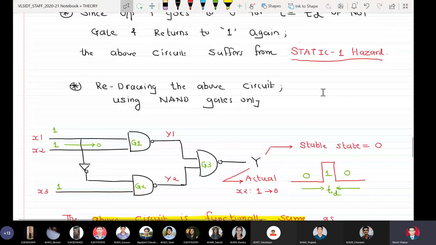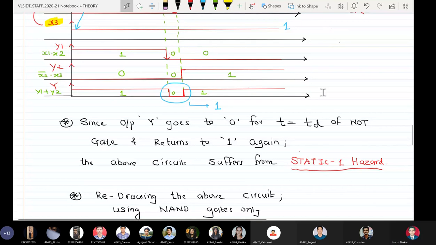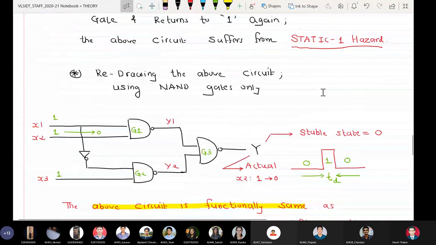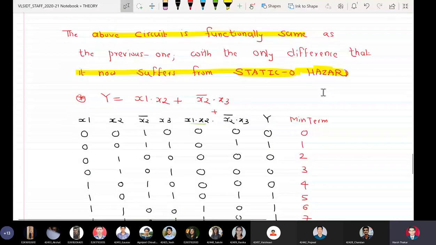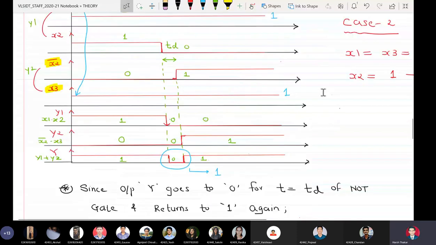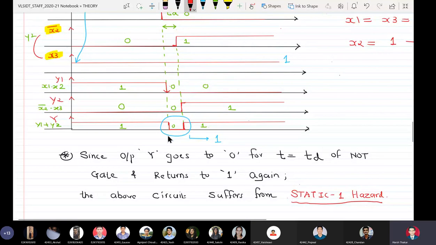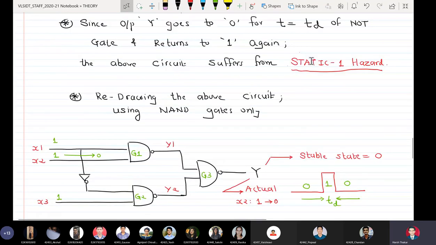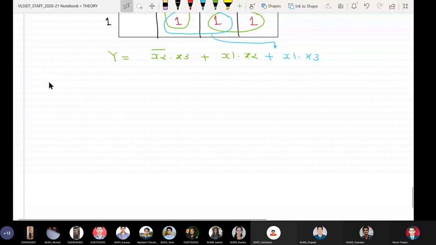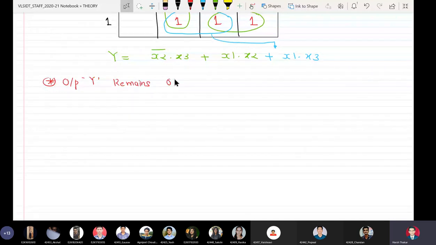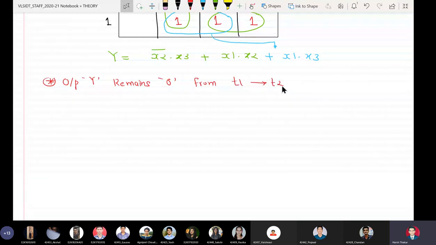So here I will indicate this instant as T1 T2. I can write a note here that output y remains 0 from T1 to T2.